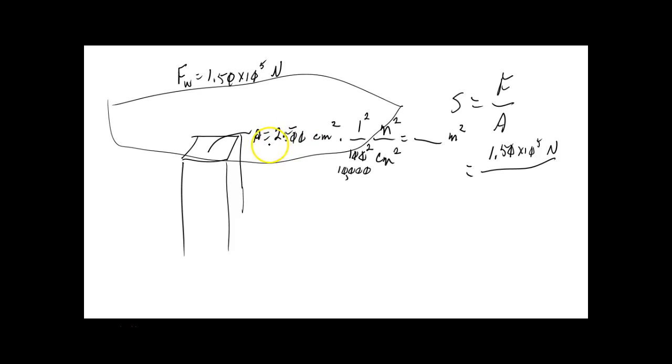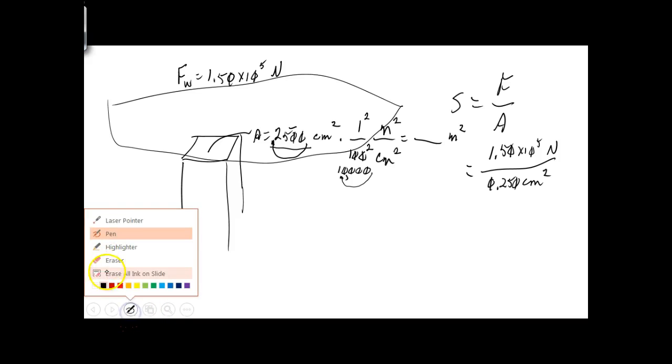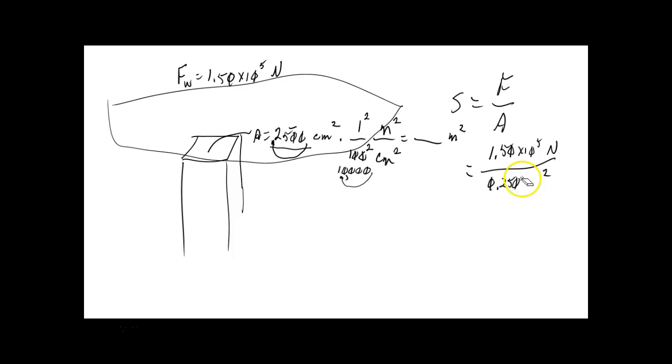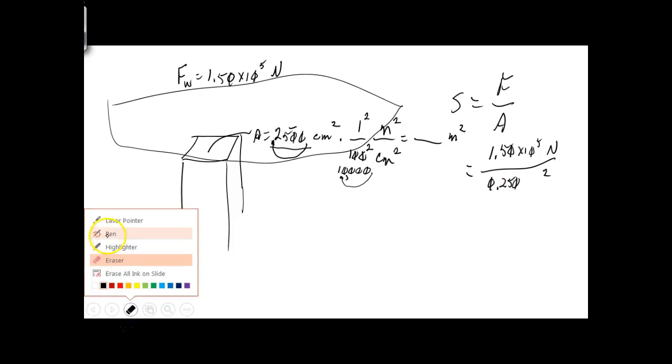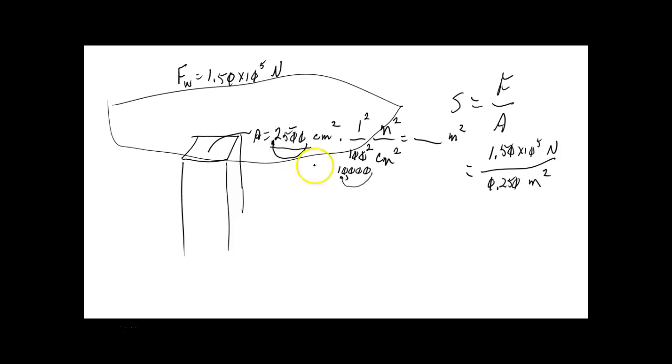So, we're going to take this area of 2,500 and divide it by 10,000, move the decimal 4 places to the left. And that means you're going to have 0.250 square meters.